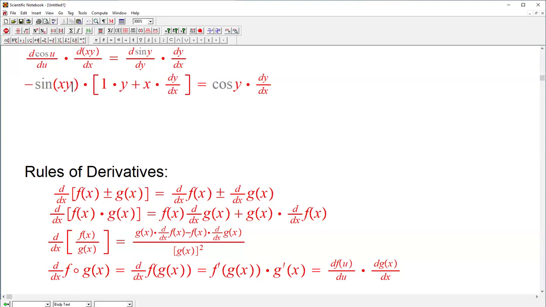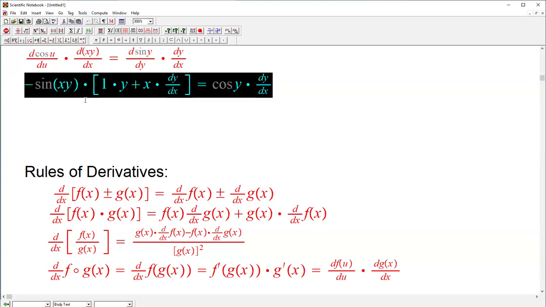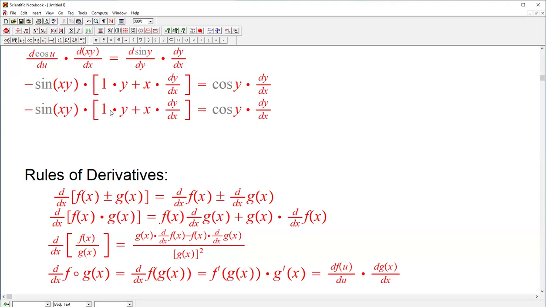So this is the result from the derivative part. And next, of course, you can simplify 1 times y on the next step, even though it's not really that necessary.